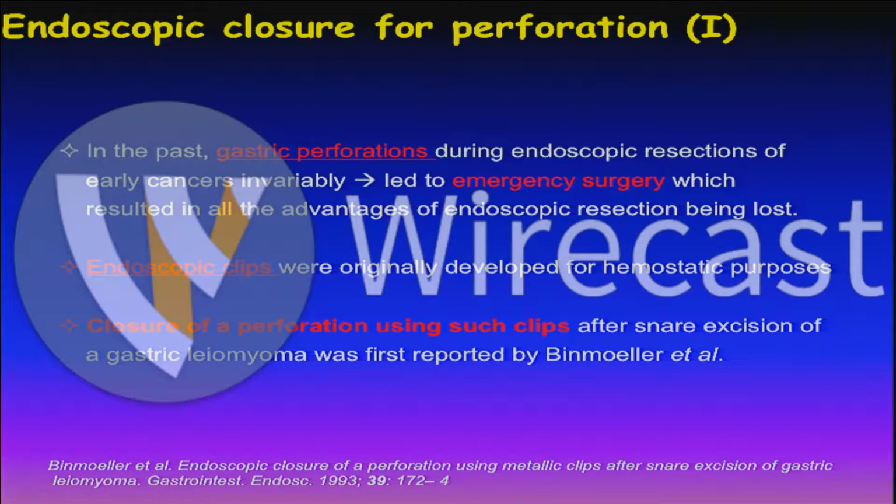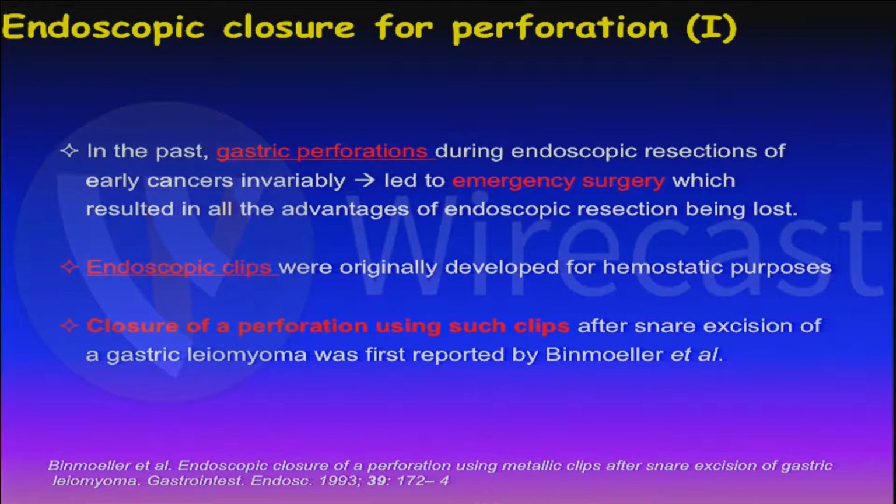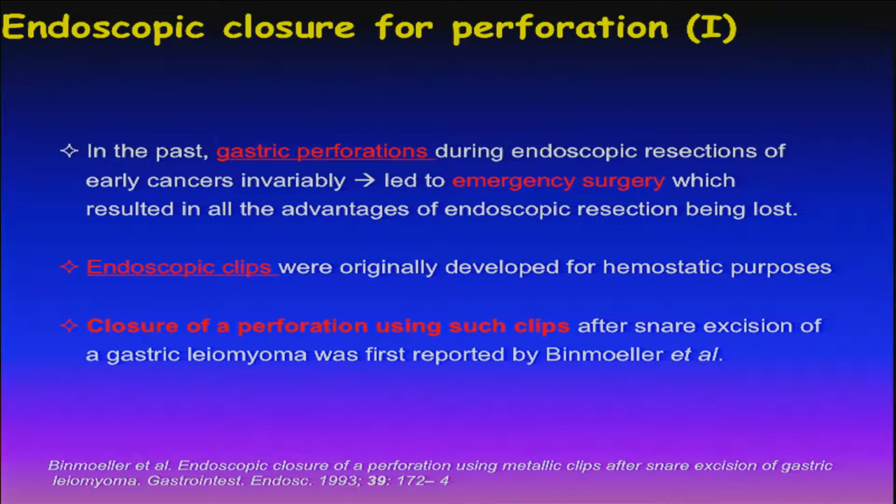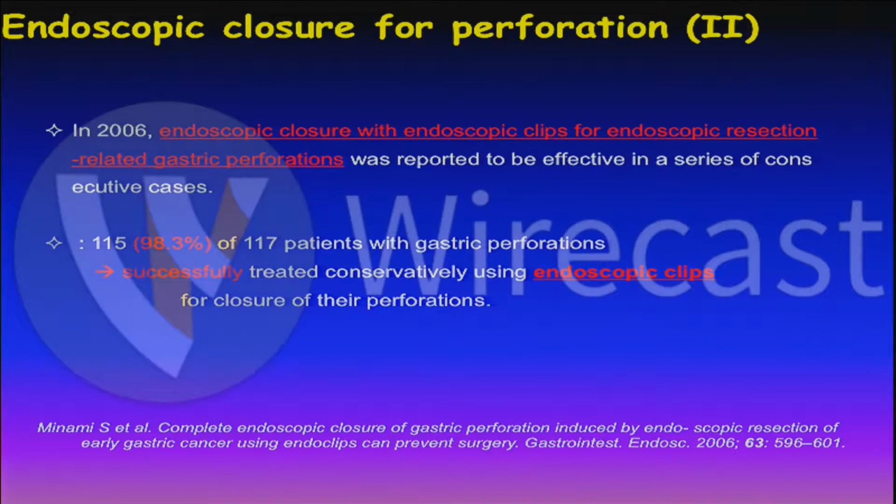In past, gastric perforation during all kinds of endoscopic resection lead emergency surgery, right? But endoscopic clip was spread for the hemostatic purpose, and closure of perforation using such clip after the snare excision of gastric leiomyoma was first reported by Binmoeller.